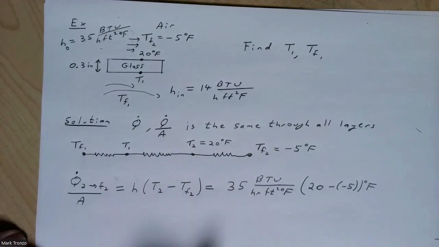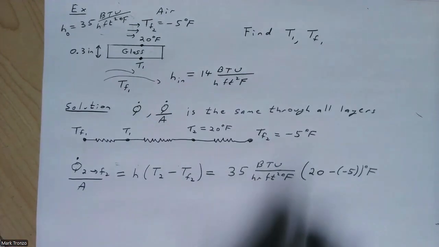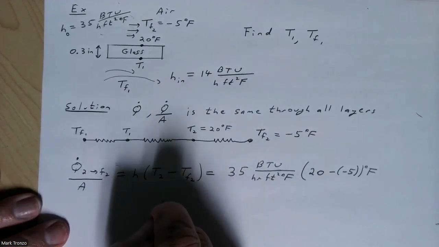And that's going to be 35 times 25, which is 875.